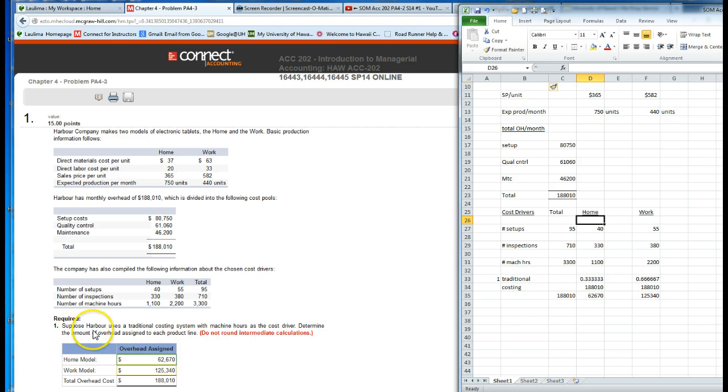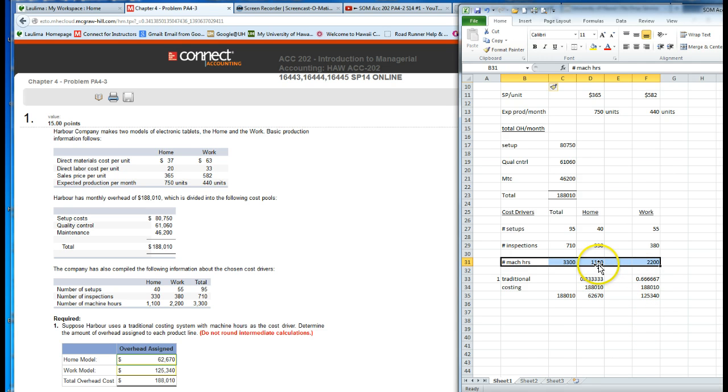It says, suppose Harbor uses a traditional costing system. So the first question basically is saying, okay, forget ABC. We're just looking at traditional costing. And for their traditional costing example, they're saying machine hours is the cost driver. So what we do here is look at the machine hours given in the problem.